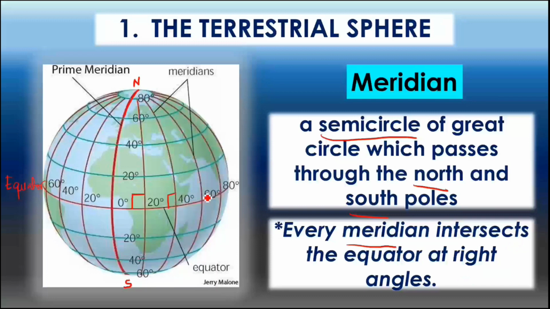All of it measures 90 degrees. If you want your angle to be here, it's still 90. So we can say that the meridian is perpendicular to the equator. Just to make it simple.